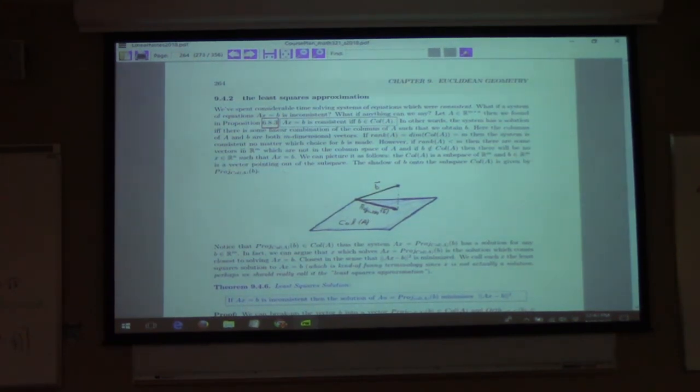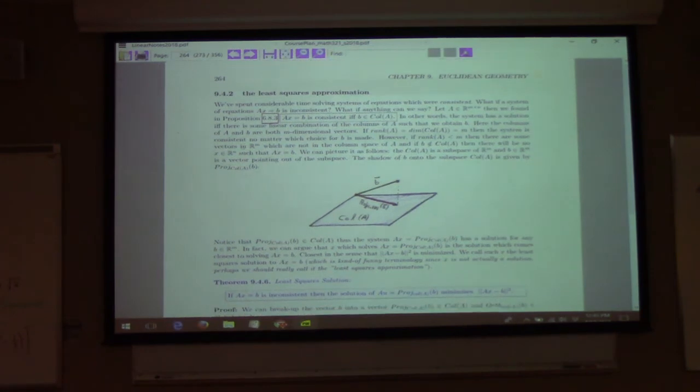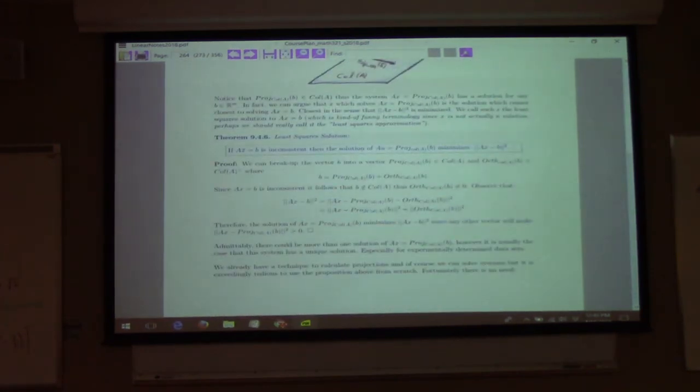Okay, so here's a picture of what we're trying to do. The column space of A is some possibly proper subset of R^m. b is outside the column space of A in the inconsistent case, but we can take the projection of b onto the column space. We can solve that corresponding problem. And here it is.